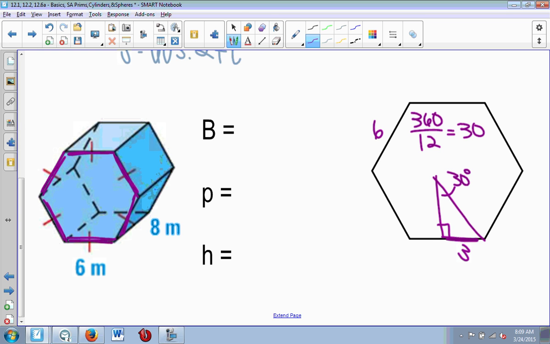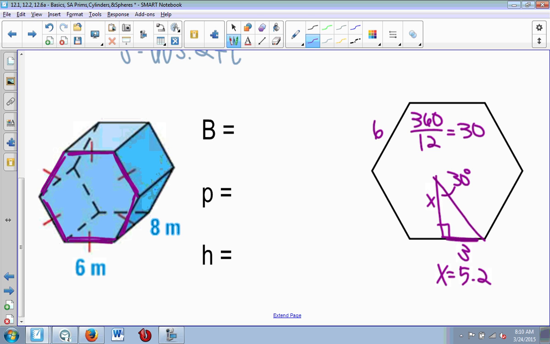And then the only thing I need to figure out is what the height of the triangle is, so that I can then find the area using the area formula for a triangle. So if we do that, we get 5.2.